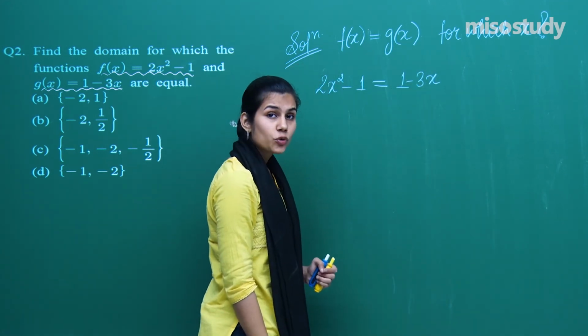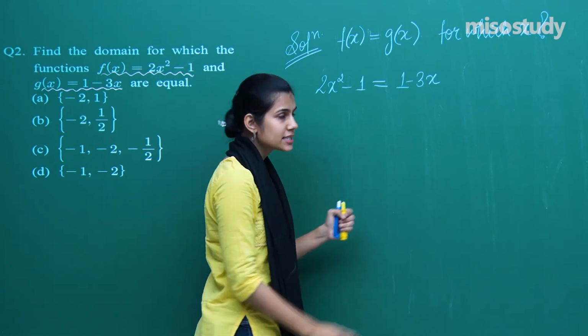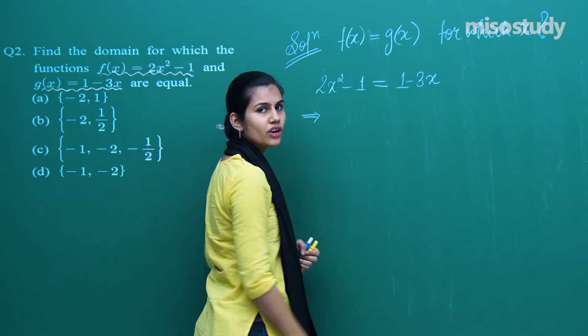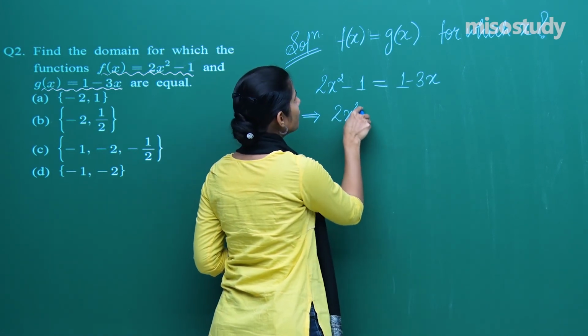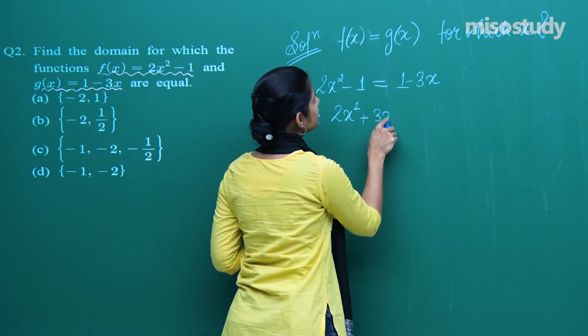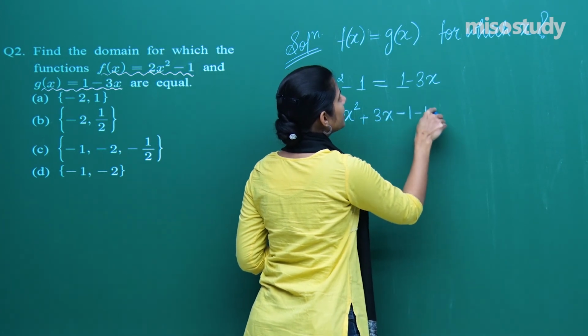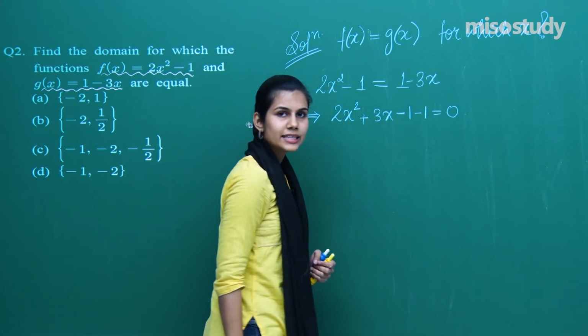These two are equal for certain x implies they are giving rise to this expression to be true, which is 2x square plus 3x minus 1 equals 0.